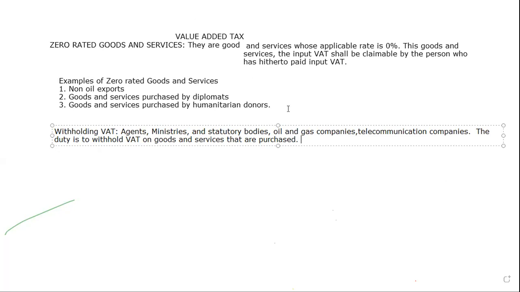Yes, sir. Because we want stability, they want to ensure that these companies seen as agents remit the VAT.